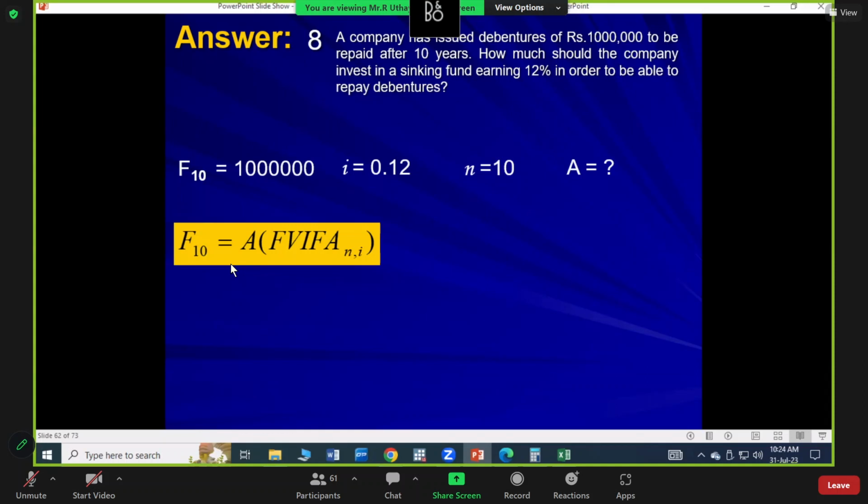Even though the money is obtained now by issuing, the repayment should be done later. The interest would be paid separately, but the capital amount is to be repaid as a lump sum.